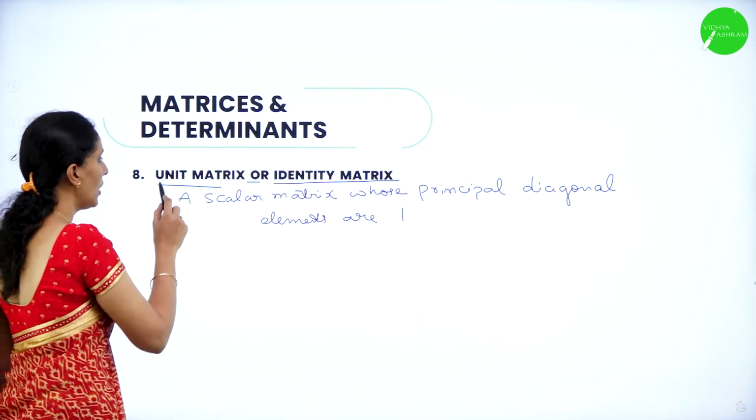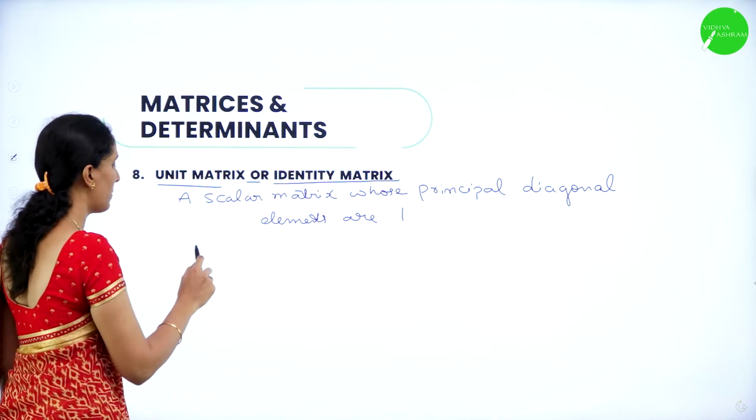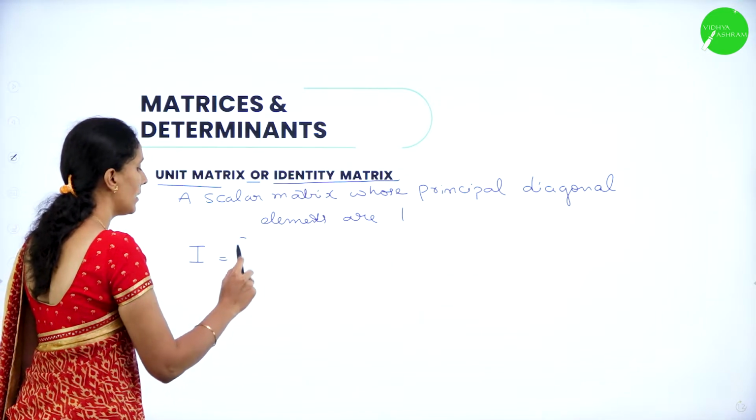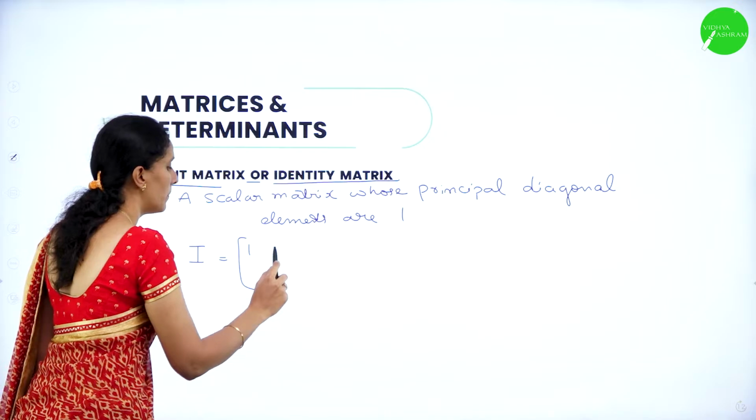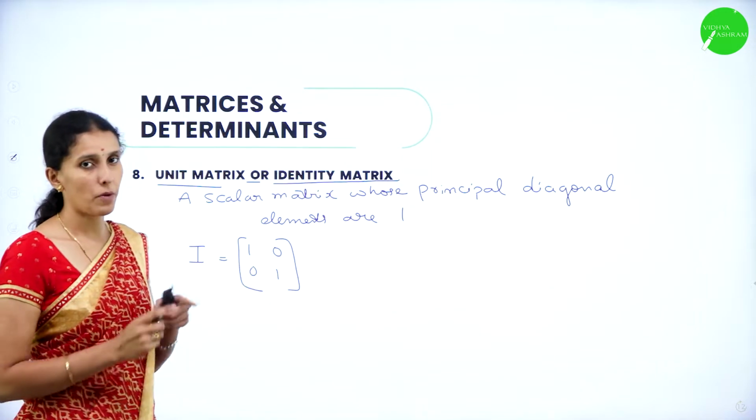So for example, the unit matrix or identity matrix is always represented by the capital I, and only the principal diagonal elements are equal to 1 and the rest of them are 0.